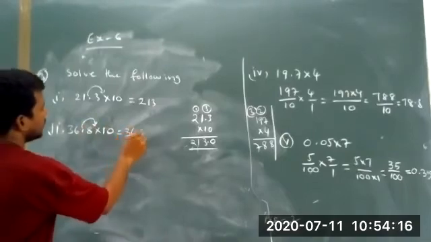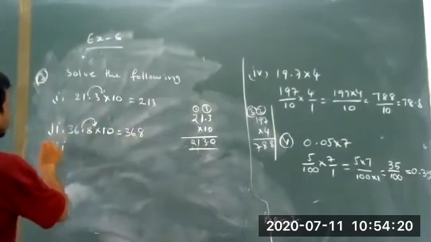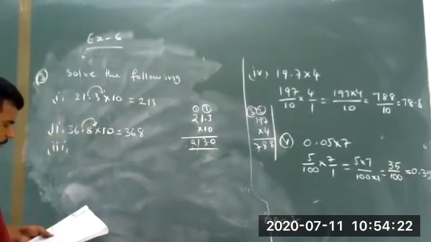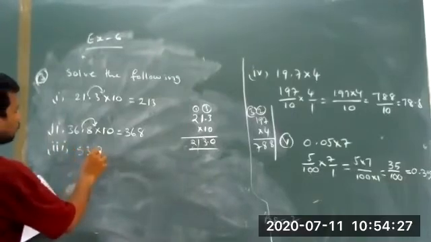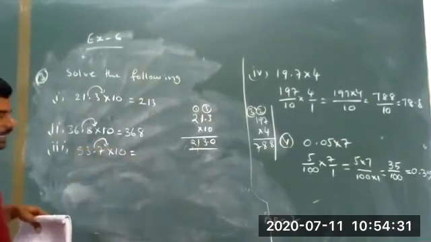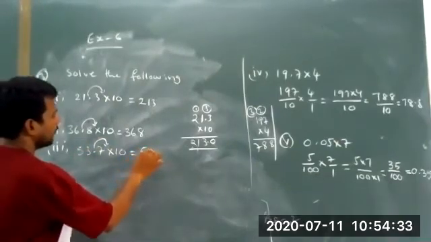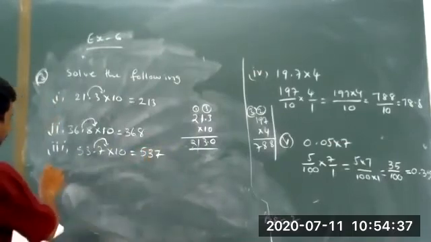So 368. Now third problem, 53.7 into 10. So this decimal point will move to the right side one digit, 537.